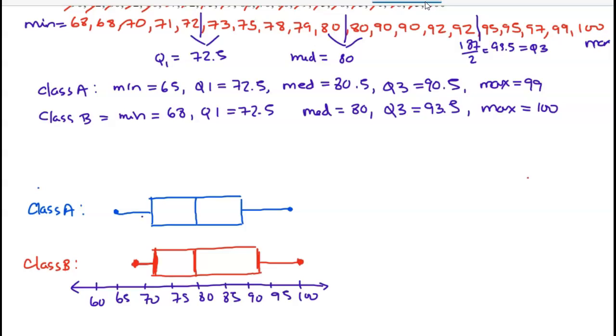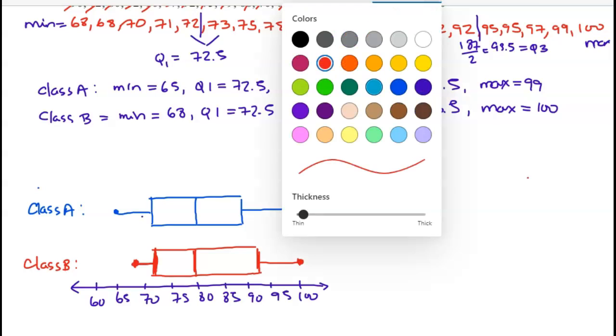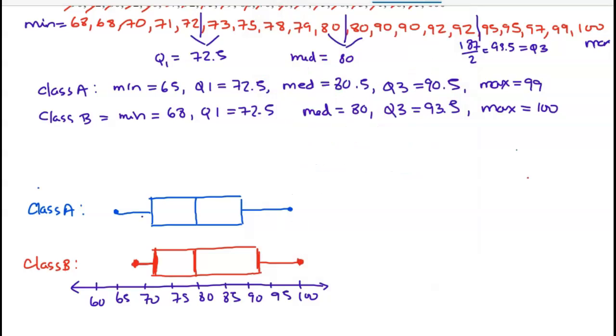If you have values that are much smaller or much larger, the range is not very good to use. A better alternative for the spread is the interquartile range, the IQR, which is Q3 minus Q1. This is resistant to outliers because the smallest and largest values do not affect the size of the box.